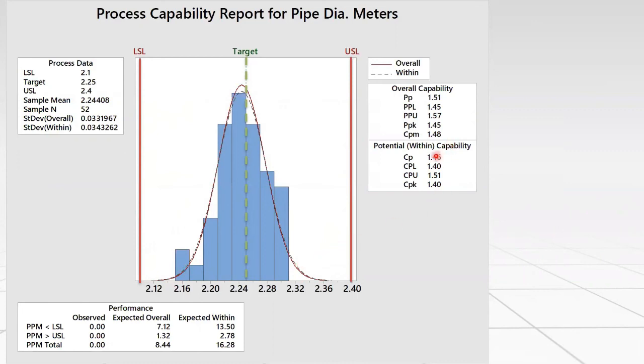And now we can see the center of the data distribution is very close to the target mean, which is an indication of an improvement in the quality of the manufacturing process, which transformed the weak capability into a very strong process capability with a high confidence, as the Cp is exceeding 1.33, being equal to 1.4.